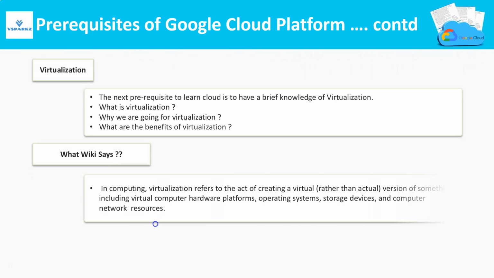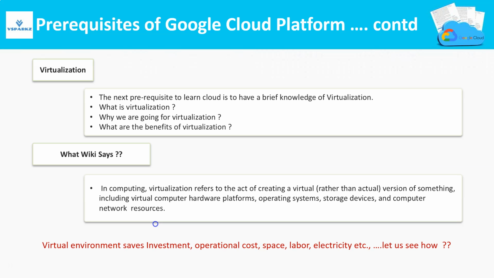What Wiki says: the act of creating a virtual version of something that includes virtual hardware platforms, operating systems, storage devices, networks, etc. is called virtualization. A virtual environment saves investments, operational cost, space, labor, electricity, etc. Let us see how.